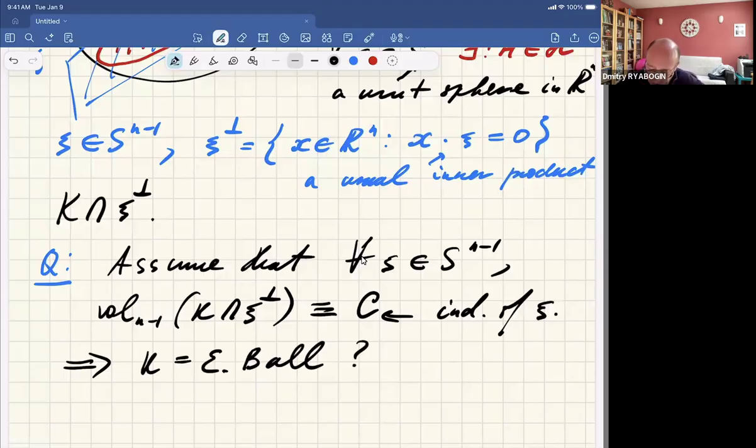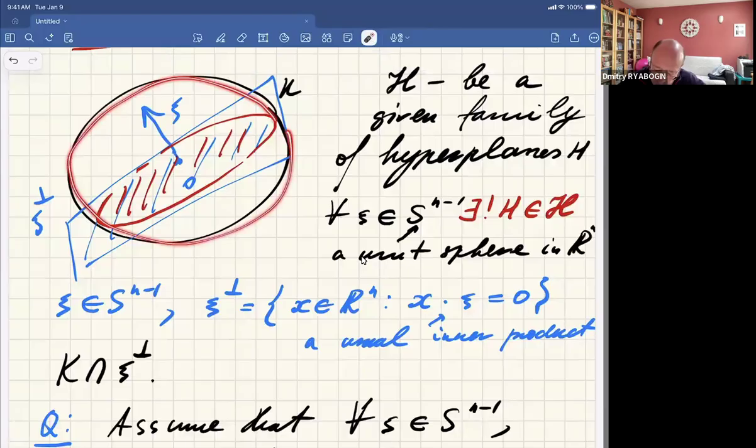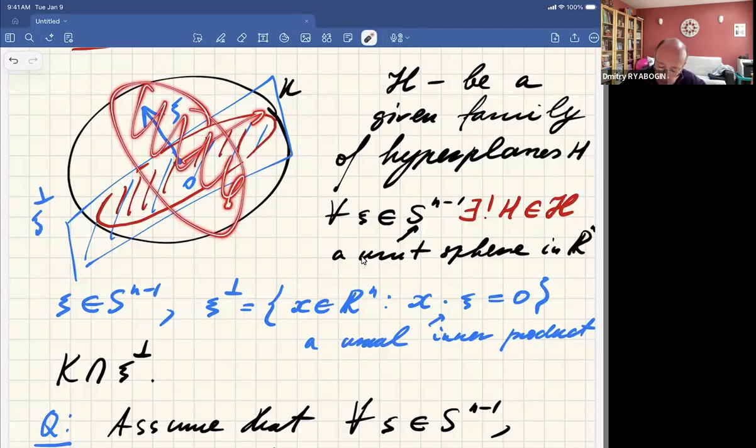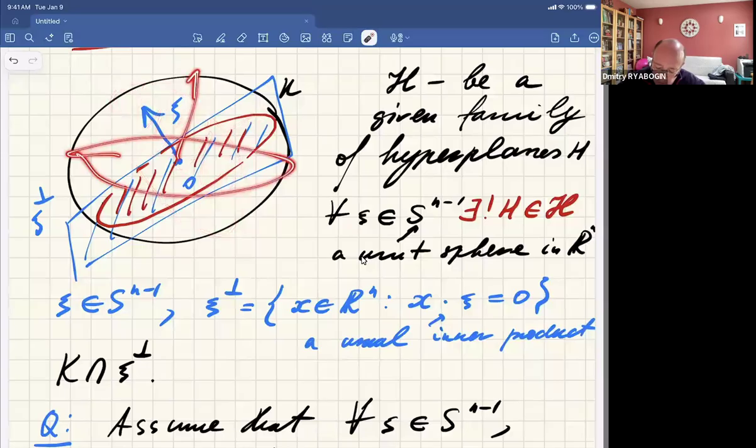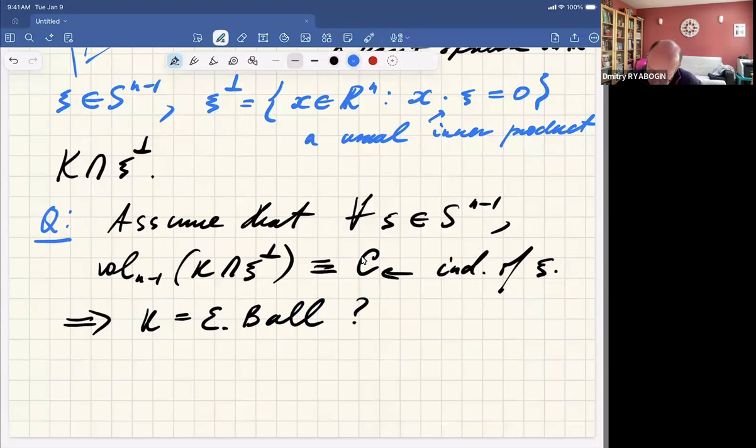Again, I have this body of mine. I take this plane and measure this section, this is the area, and I know that if I take another direction, another section here, and a third direction, all of them have the same volume, the same area in R3. Does it follow that the Euclidean ball is the only body that satisfies this condition? This is a classical thing.